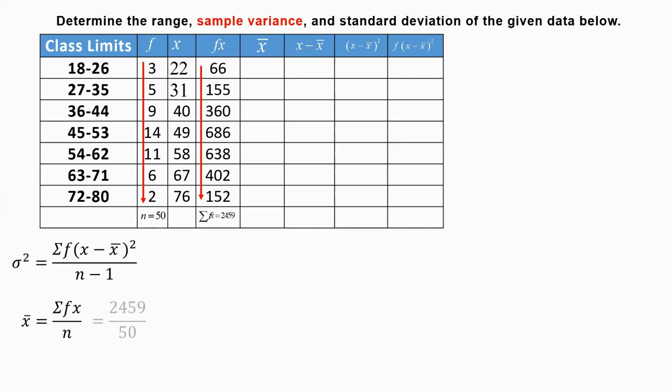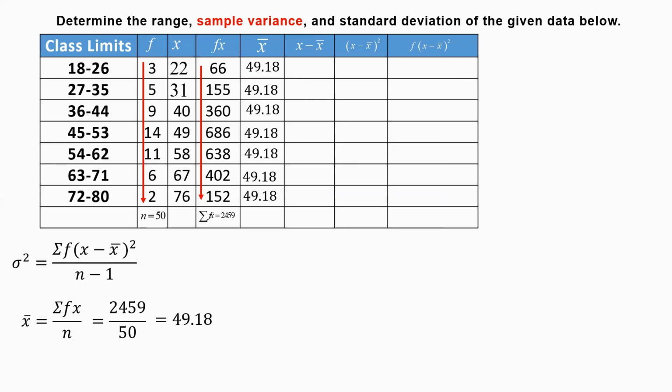Now let us just substitute that value into our formula for us to get the value of the mean. So 2,459 divided by 50, okay, that is equal to 49.18. So now let us rewrite that into our fifth column, which is the value of the mean of this group data.